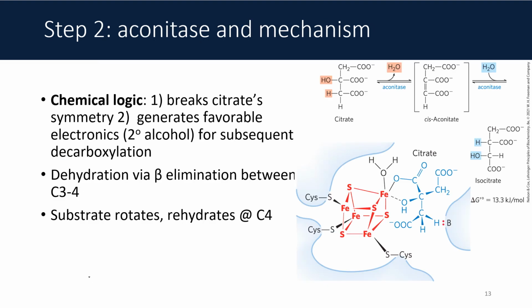The next enzyme in this cycle is aconitase, and in my opinion, its mechanism is a little hard to visualize, but we're going to do our best. Now, its job is to take the citrate molecule that we made in the previous step and dehydrate it. We are going to remove the hydroxyl group, shown in red over there, as a water molecule by protonating it.